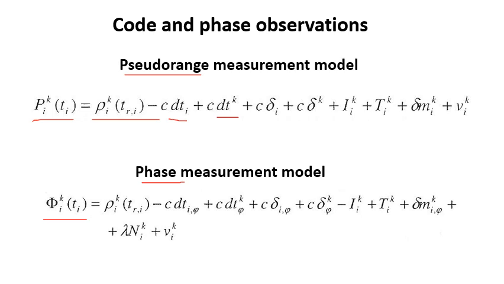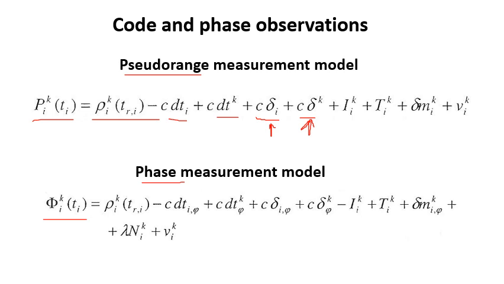In addition to those errors, there are some other errors you can see here. These are, for example, the hardware delay at the receiver and the satellite's hardware delay. The first term is for the receiver, and the second term is for the satellite.